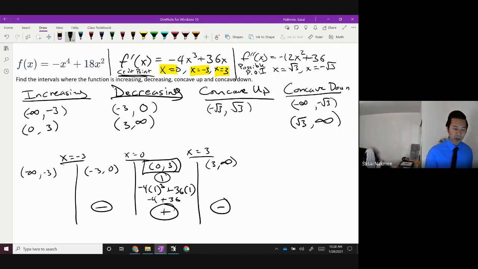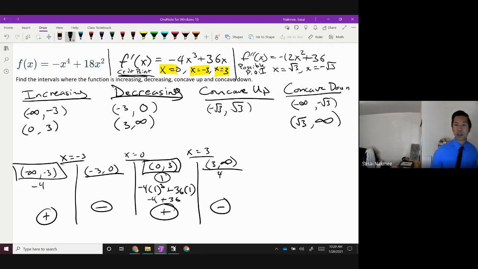If I pick 4, or 5, 6, 7, 100, a billion, then we get a negative sign right there. And the same thing over here. If I pick -4 or -5 or -6 or -a billion, I'll end up with a positive sign. And that's how they figured out that it is increasing here and here, and decreasing here and here. Does that answer your question, Max, on how that came to be?